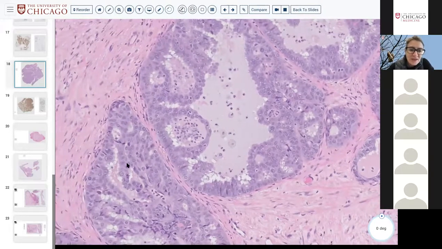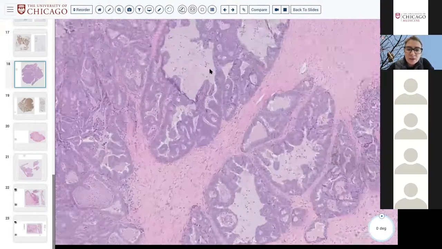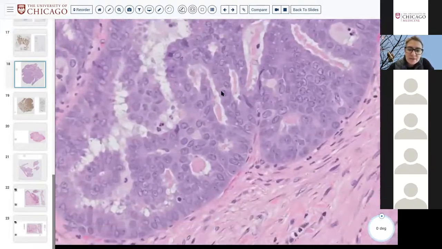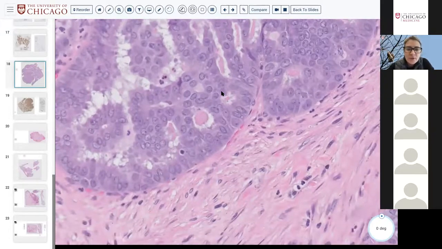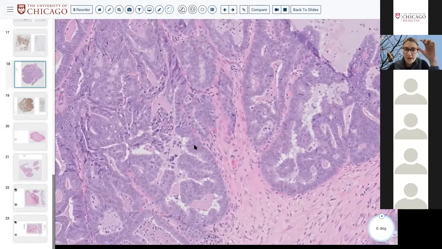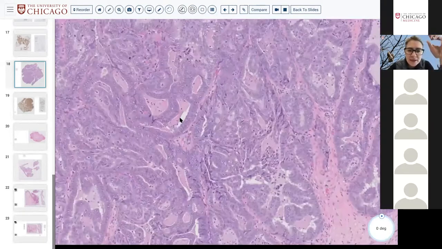Again, with a complex architecture, with dilated, branching glands. But the nuclei are quite different. They're not as elongated. They're not as cleared and vesicular. They have small nucleoli, and they don't appear to have as much of those apical vacuoles as the other one did. So any comments on what kind of lesion this might be?